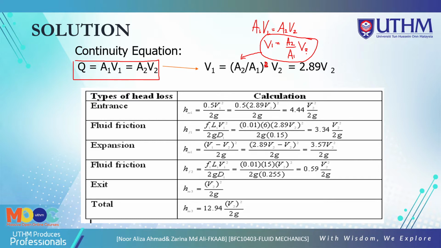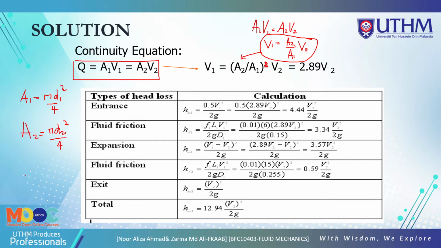A1 is pi D1 squared over 4, and A2 is pi D2 squared over 4.